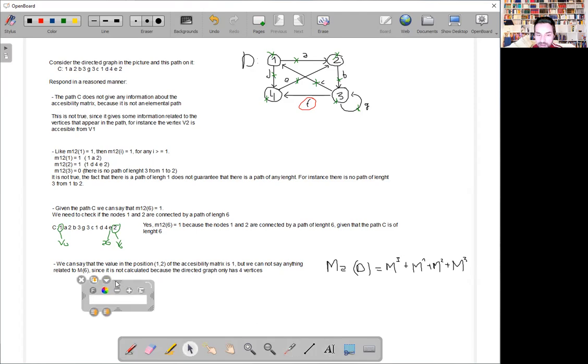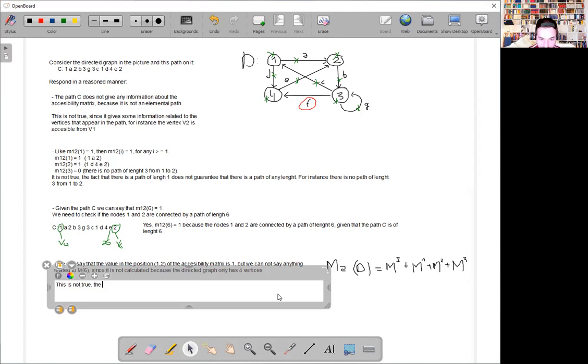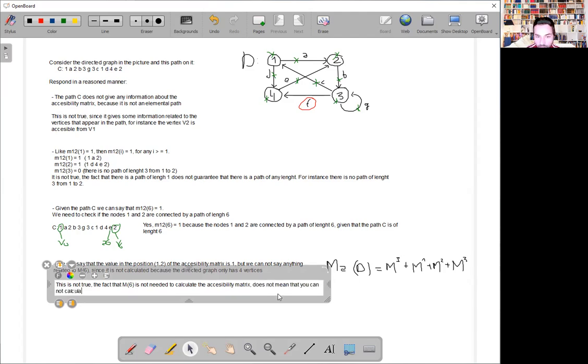And the answer is, this is not true, right? This is false. The fact that the accessibility matrix of order 6 is not needed to calculate the general accessibility matrix does not mean that you cannot calculate M6.